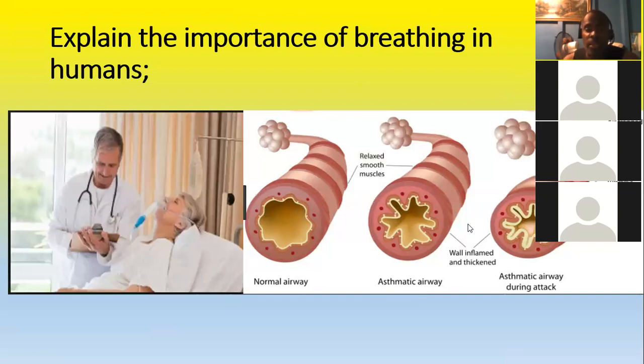Narrow, right? Everybody see that? Each time it gets narrower and narrower, the situation becomes worse and worse. So you need to go to the doctor for them to do something to bring that airway back to its normal stage. When we look at asthma in depth, we learn more about what is happening right there. All right.